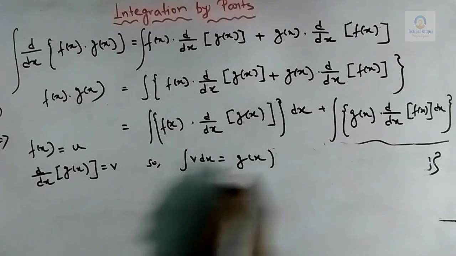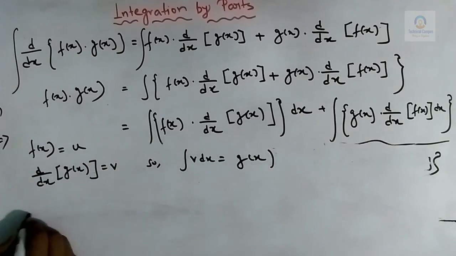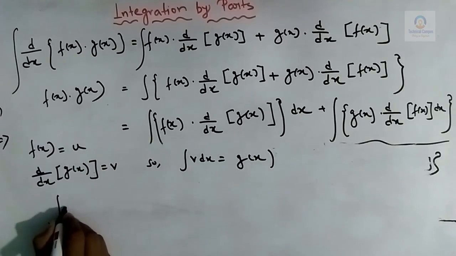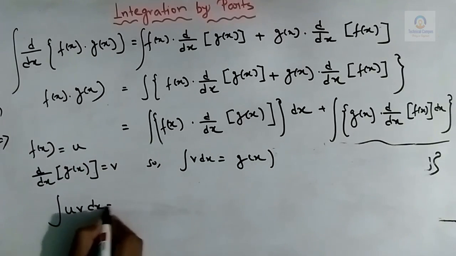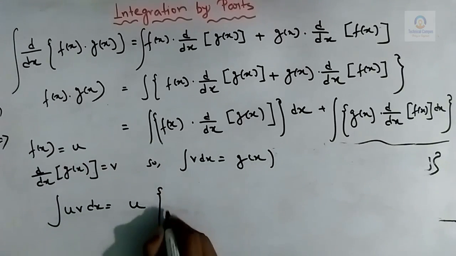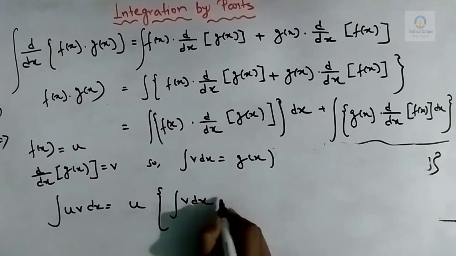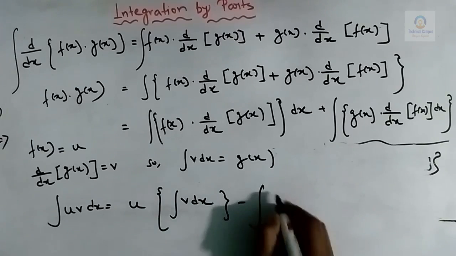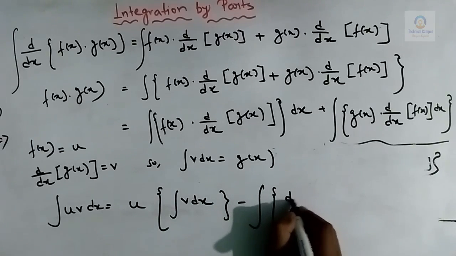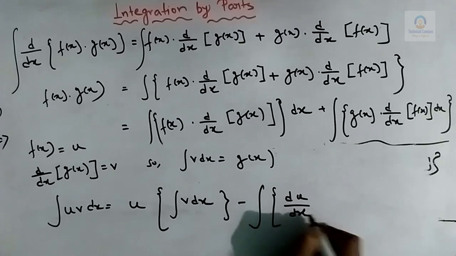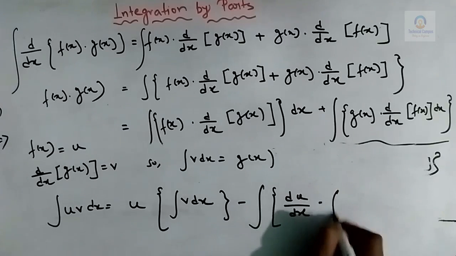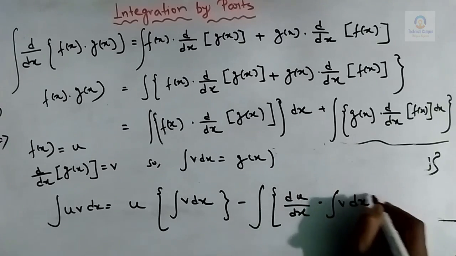If we replace all these terms in the above equation, it will be the integration of u v dx is equal to u into the integration of v dx, minus the integration of du/dx into the integration of the second function v dx.